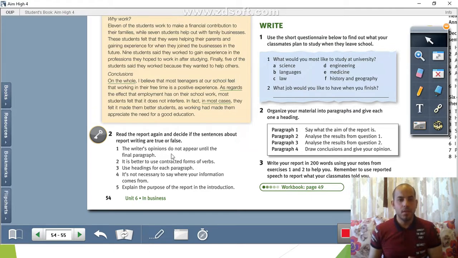For example, the writer's opinions, I mean the writer of the previous report, do not appear until the final paragraph. Is it right or wrong? Okay, tell me. It is better to use contracted forms of verbs. Yes or no? You have to tell me.